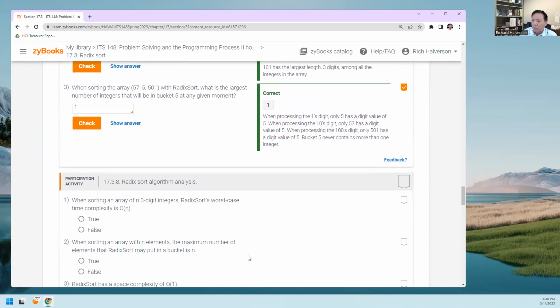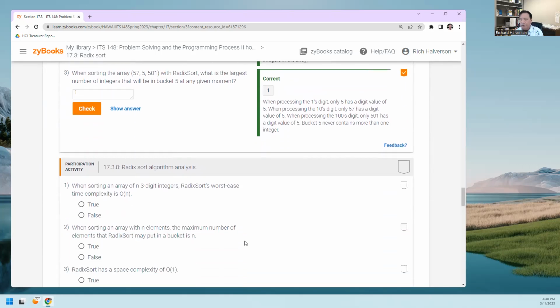All right, so when we analyze the radix sort, when sorting an array of n 3-digit integers, radix worst case time complexity is, I think it's O of n, because it takes n steps to go through the full array if the array is size n, and you may have to do that some constant number of times, which is the maximum number of digits in any of the integers.